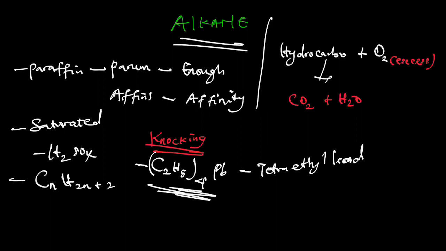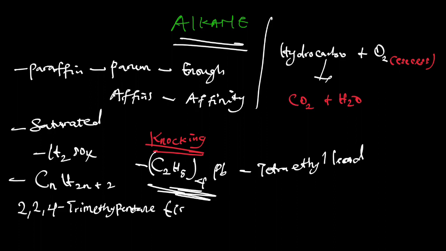Octane rating is a scale we use in determining the quality of a petrol. On this scale, the highest petrol will be 2,2,4 trimethylpentane.